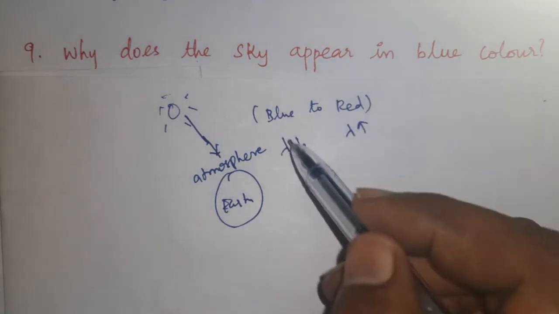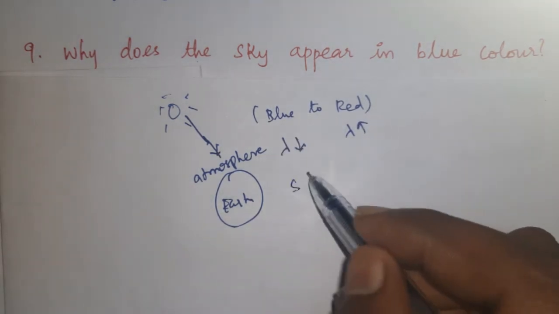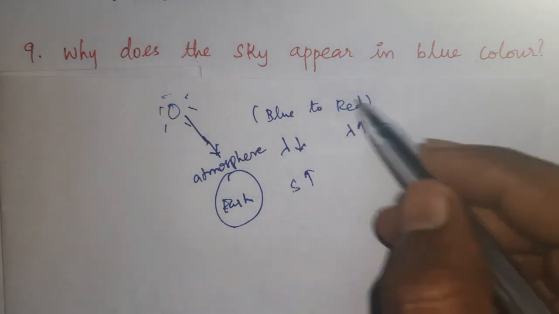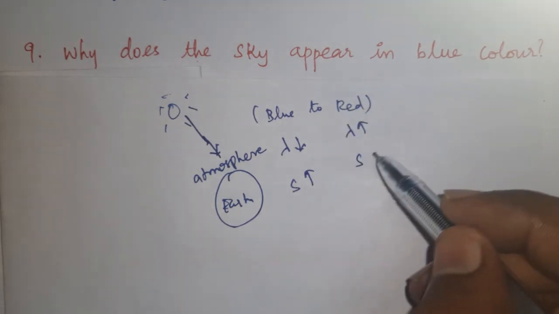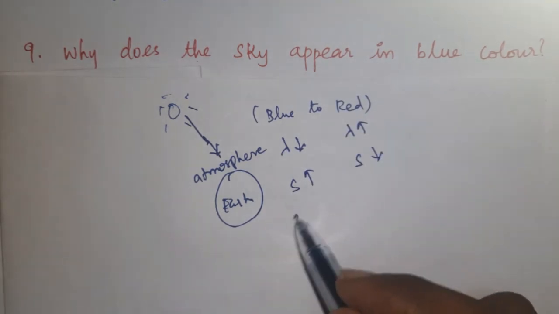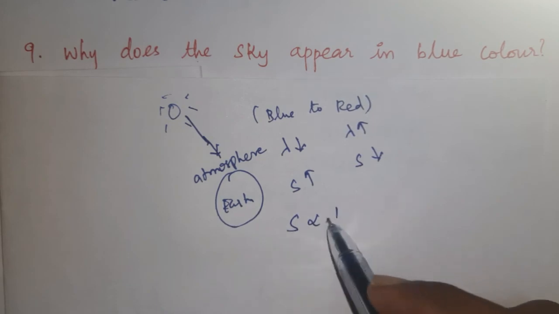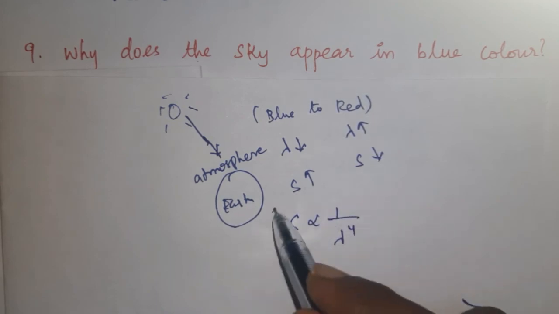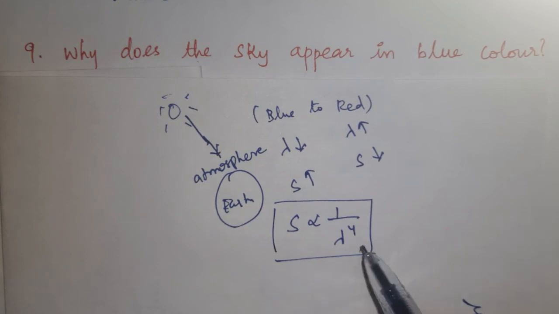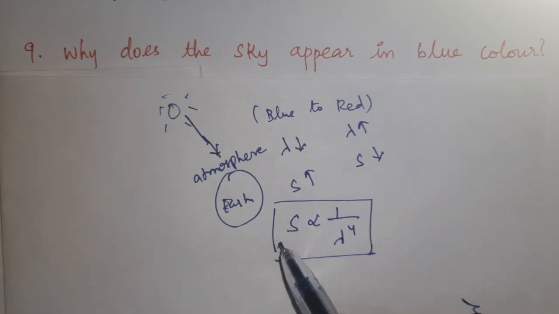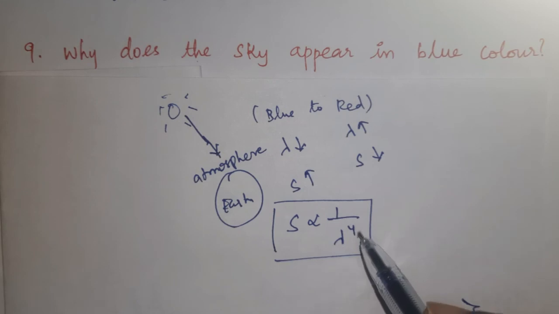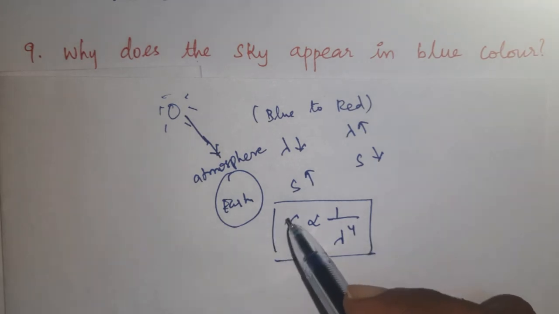If the wavelength is decreased, the scattering effect will be more. If the wavelength is more, the scattering effect is less. We already know S is proportional to 1 by lambda power 4. According to Rayleigh scattering, if the wavelength is maximum, the scattering effect is less. If the wavelength is minimum, the scattering effect is maximum.